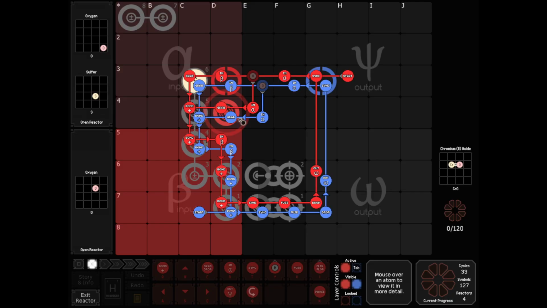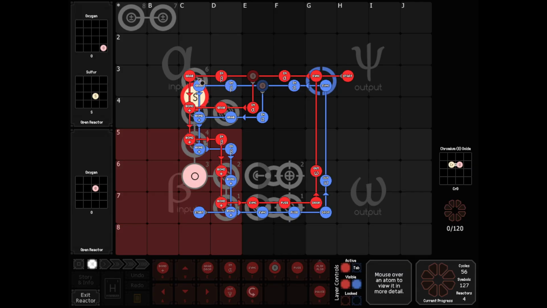And this one also uses a sensor to determine if it gets sulfur or oxygen. So this is actually the only sensor that actually senses an atom that appears in an input or output. The other ones are checking for intermediate atoms.